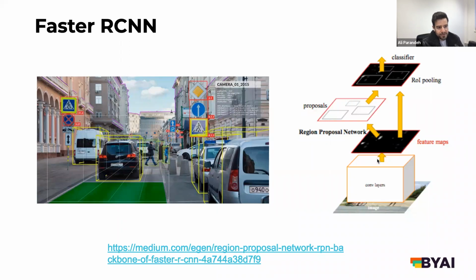You pass the image through the feature extractor, then take the feature maps and pass them through a region proposal network to create a bunch of proposals. Then you pass that through region proposal pooling to create a very dense, rich, and compressed feature map, which you can then pass to the classifier to classify.